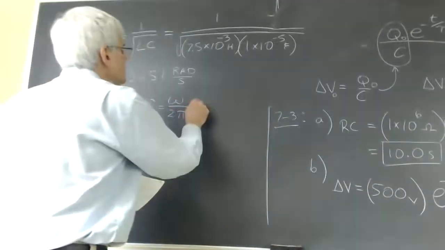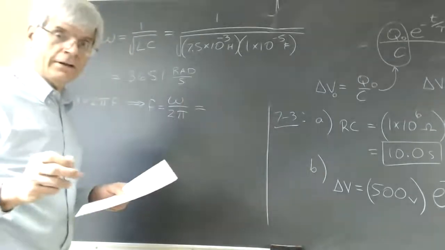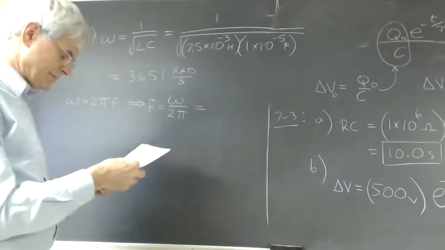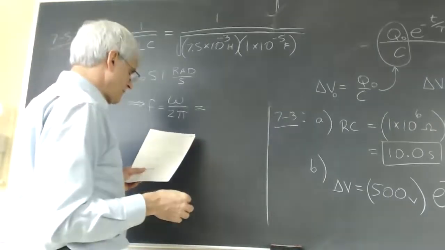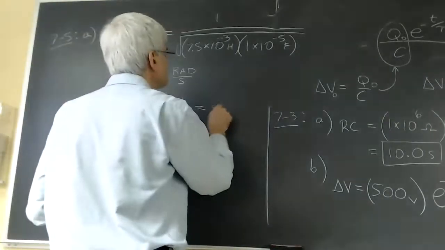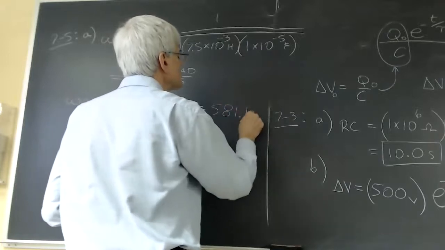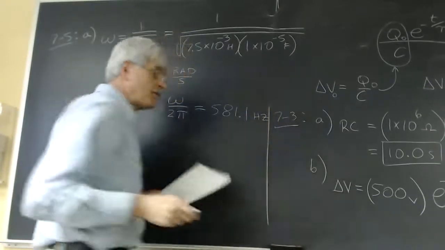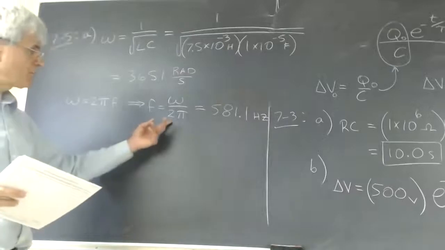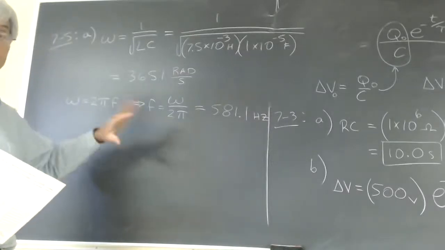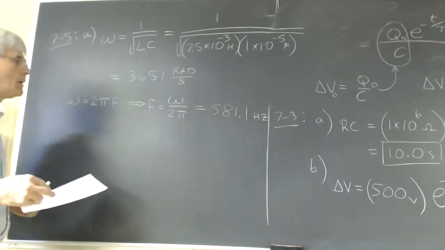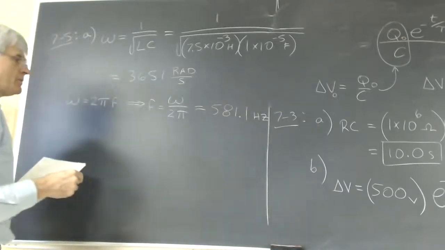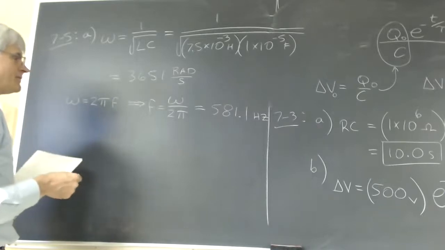Anyhow, assuming you entered the appropriate keystrokes, that should have come out 581. The other way of getting around it is to just put in 6.28 and not worry about parentheses. 2 pi is about 6.28, close enough.